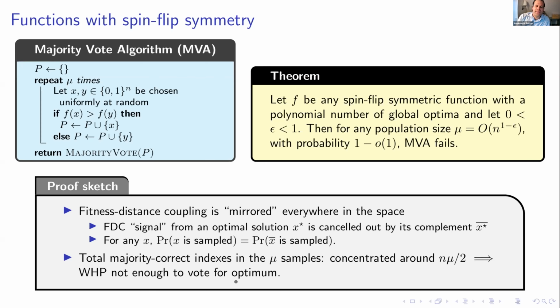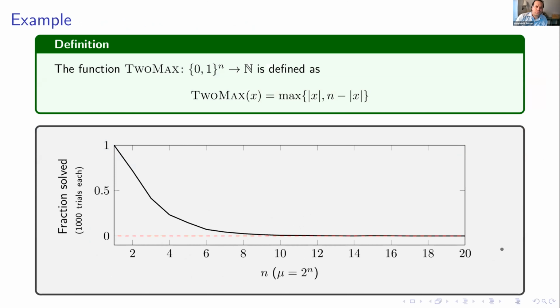At the end, if you pick an optimal solution, the total number of indices that are aligned with that optimal solution in those mu samples is going to be concentrated around n times mu over 2. You can show that with high probability this happens, and therefore you won't have enough votes to jump to that solution or any other of the polynomial number of solutions.